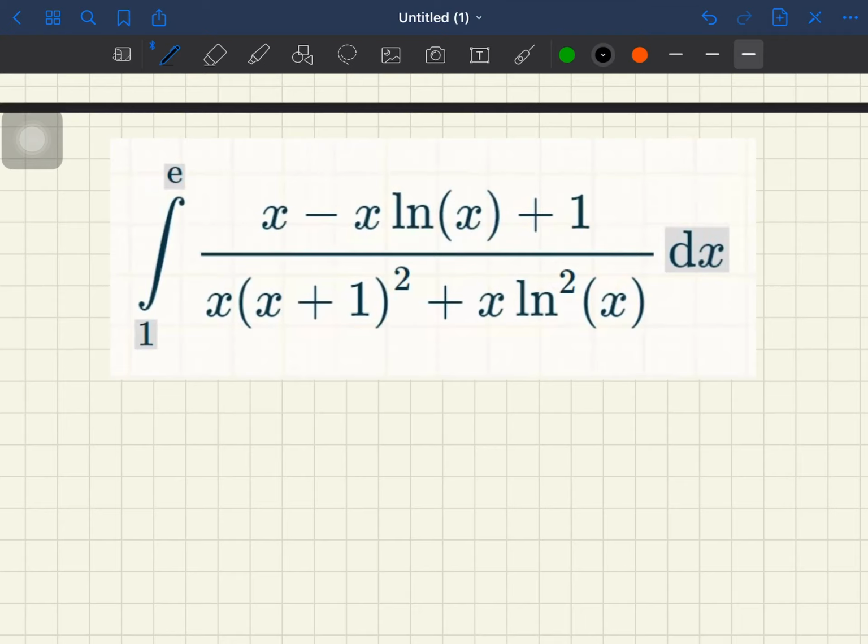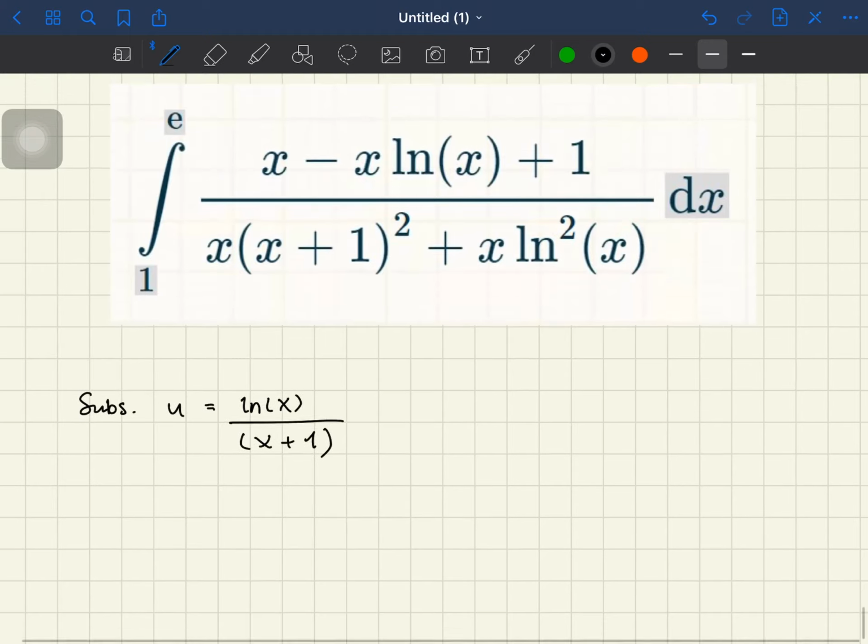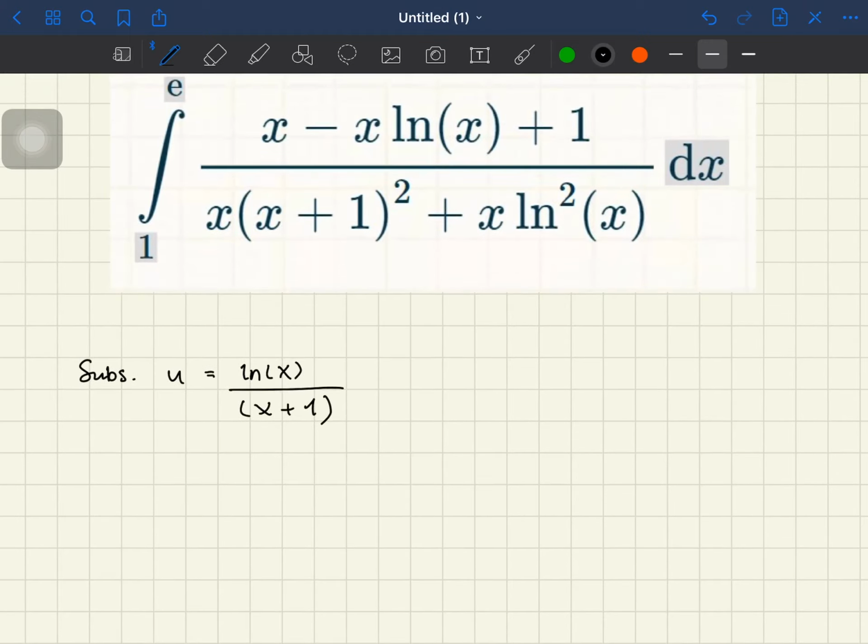How about we consider this substitution of u equals ln x over x plus 1. This is a very trivial thing, yeah? And we try to differentiate this using the quotient rule.